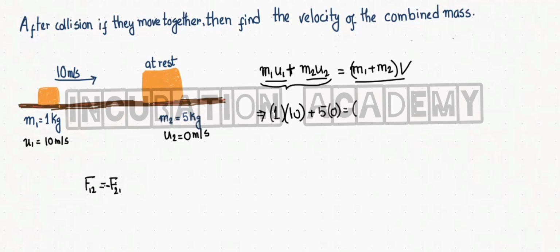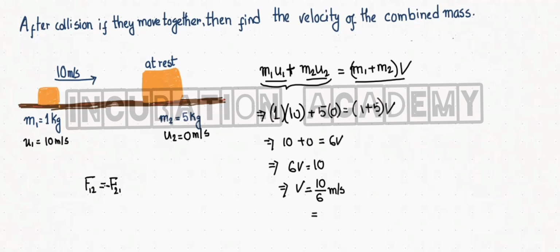On the other side, m1 plus m2 is 1 plus 5, and the final velocity of the combined mass is capital V. So this becomes 10 plus 0 equal to 6V. From that, V is equal to 10 divided by 6 meters per second.